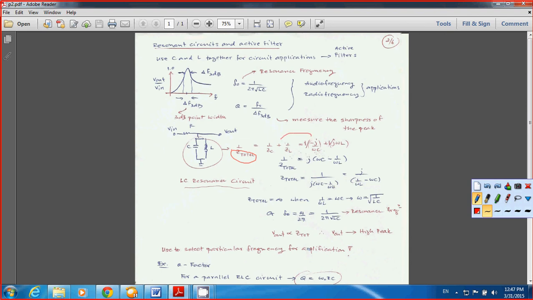You plug in your ZC and your ZL, rearrange the terms, and finally you have Z total become J over (1 over omega L minus omega C).